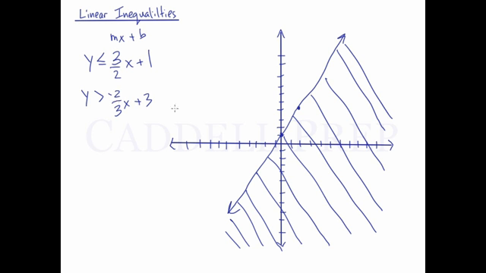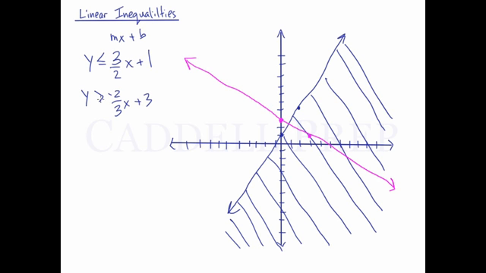That means the y-intercept is 3. Then it has a slope of negative 2/3, so down 2 and over 3. So if I was going to sketch this, it would look something like this, just this part, if it was a regular line, negative 2/3 x plus 3.